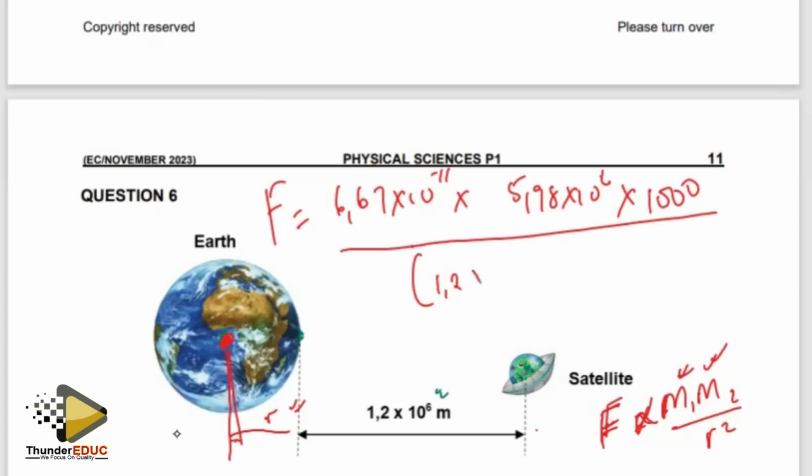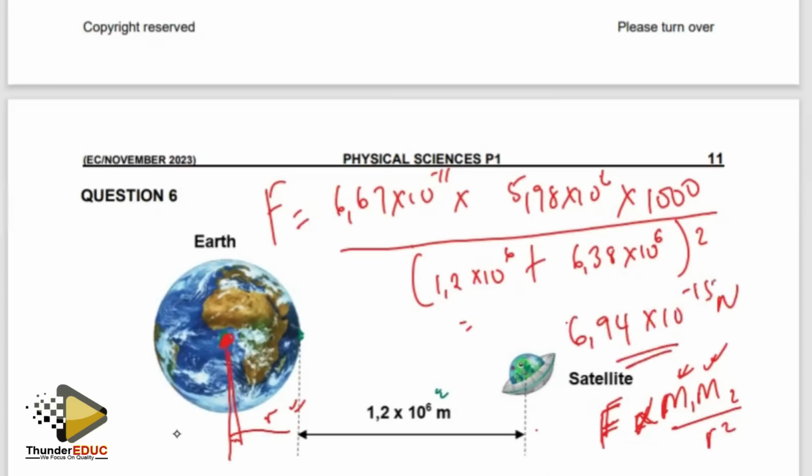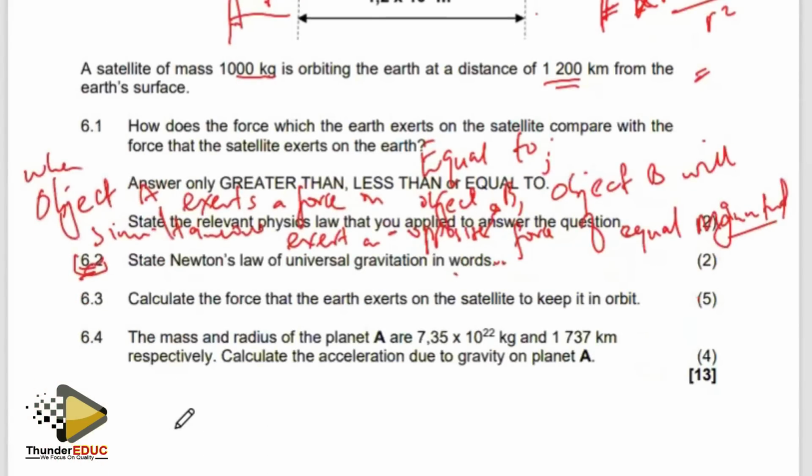So 1.2 times 10 to the 6 plus, we say that was 6.38 times 10. Let's just simplify it at once. That's going to be 10 to the 6 because that was a 3. And then we square that. When we punch this into the calculator straight away, we shall end up with 6.94 times 10 to the negative 15 newtons. All right, so that is 6.3.